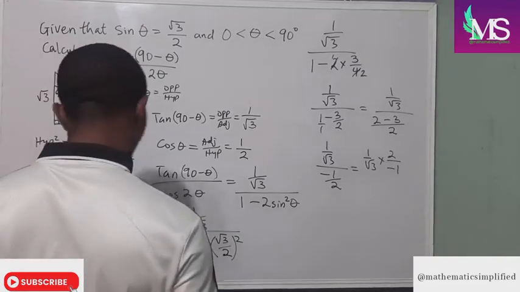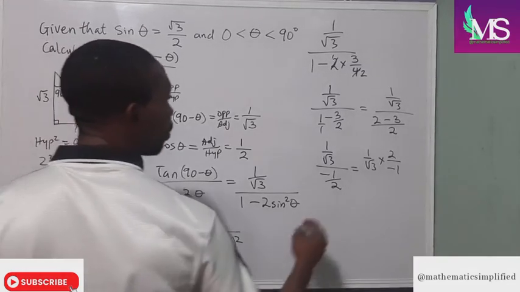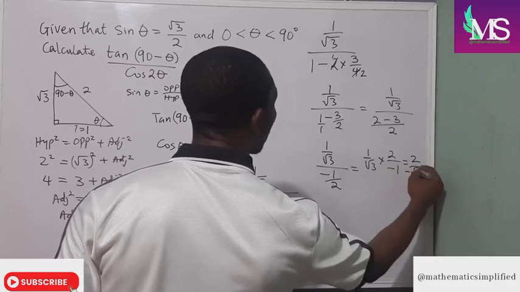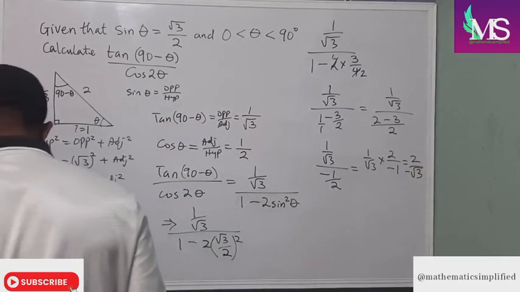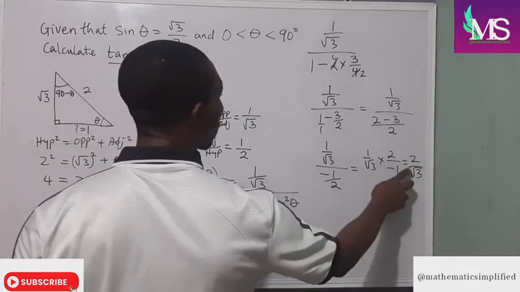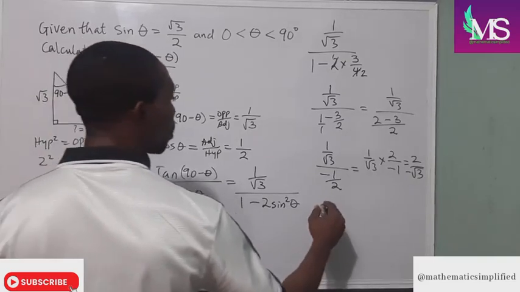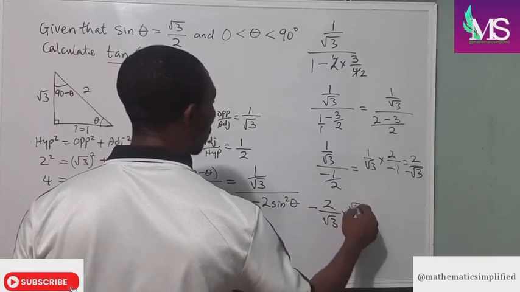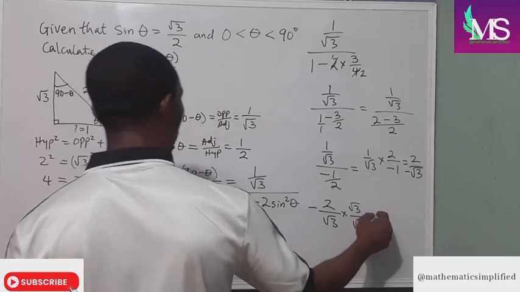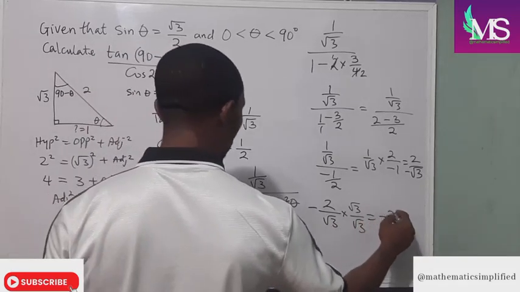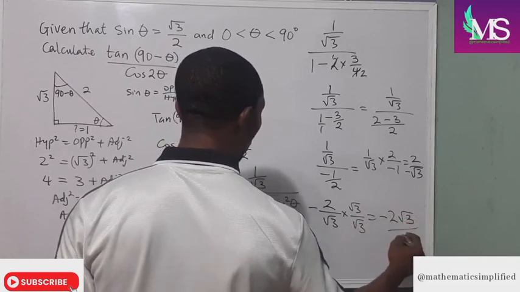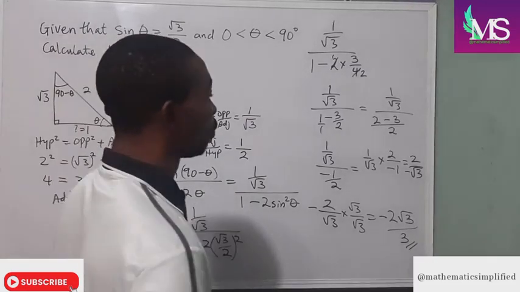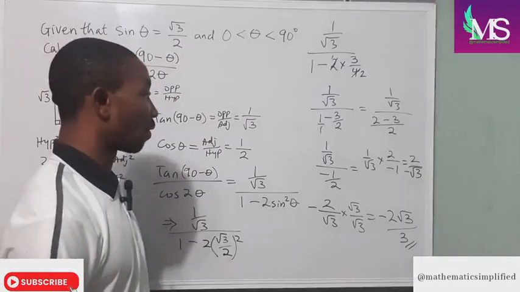So at the end of the day we'll be having 2 over minus root 3. Now, if we rationalize our denominator, this becomes 2 over minus root 3 times root 3 over root 3. So this gives us minus 2 root 3 all over 3. So that will be our final answer: minus 2 root 3 all over 3.